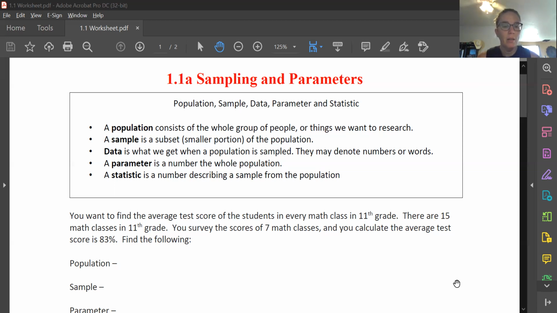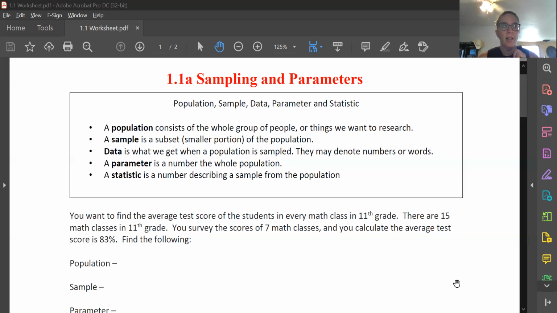Okay, now the next two words, parameter and statistic, they go along with population and sample. And so parameter is a number from the population. They're both P words. Population is all of the people. Parameter is the number describing the people.